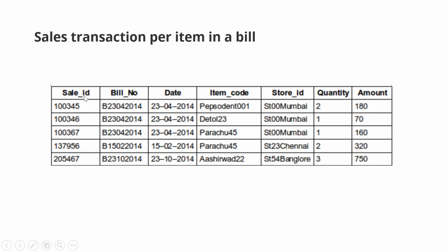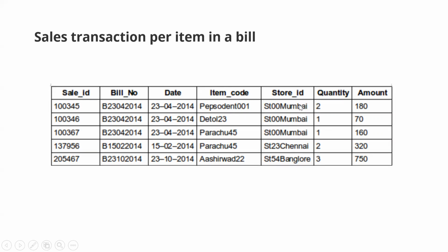Those columns are kind of IDs. Those can be foreign keys from another table. Sale ID is not a foreign key, it's the primary key of this transaction table. But the other four are foreign keys, and they should be from other dimension tables as well.